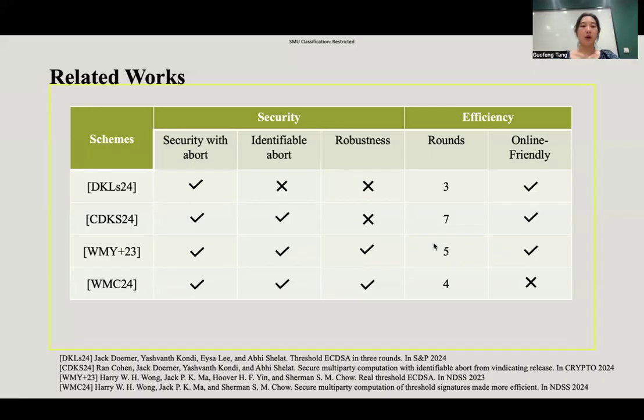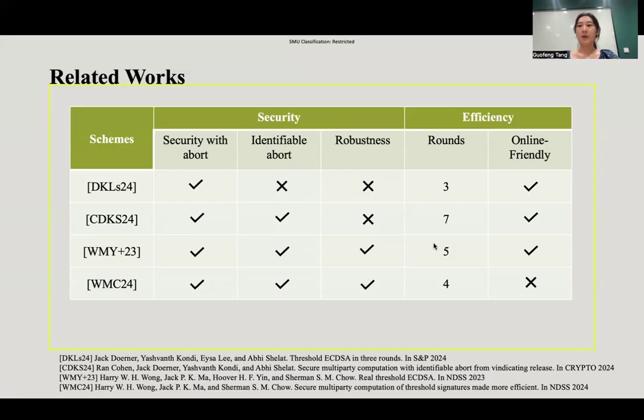CDKS24 in Crypto can add identifiable abort. It's also online friendly, but it requires 7 communication rounds. WMY+23 is the first robust scheme, and it's also online friendly, but it requires 5 communication rounds and 2x rounds for cheater identification.